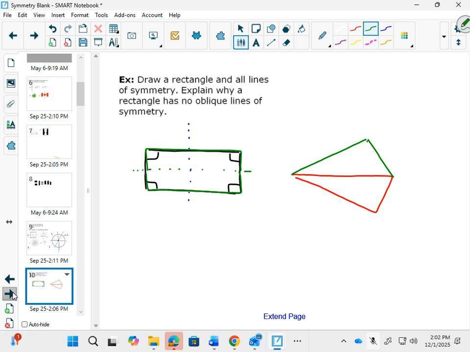But if I tried the diagonal, turned it so it was a horizontal line, and flipped it up, it doesn't match up. We've got horizontal and vertical, and then anything that has any kind of a slope, we call an oblique line.